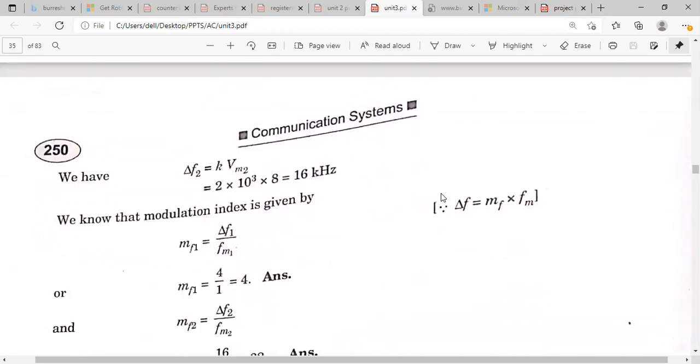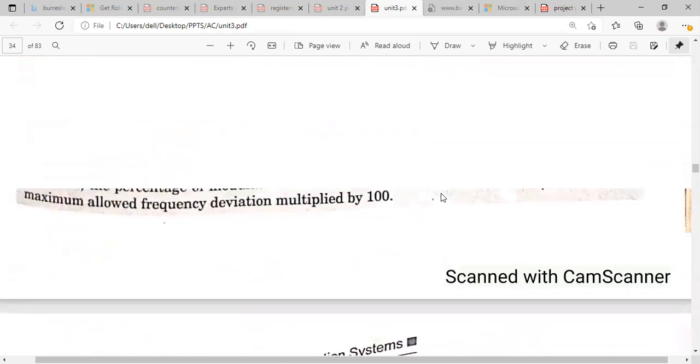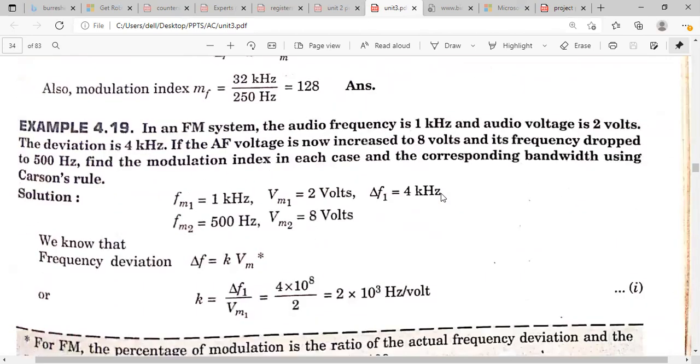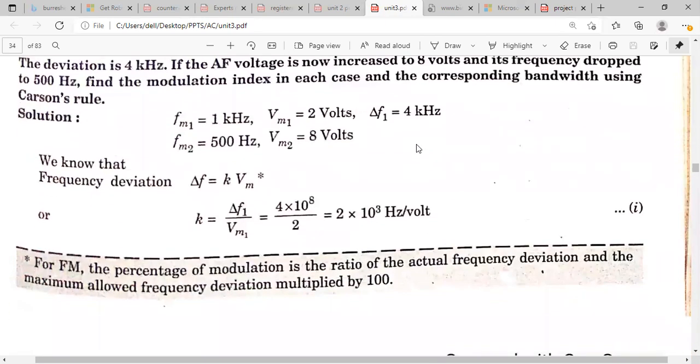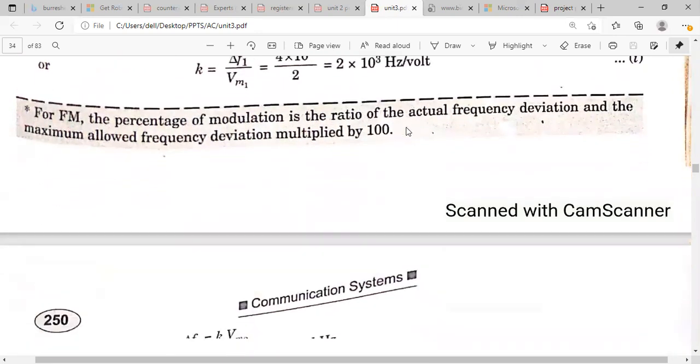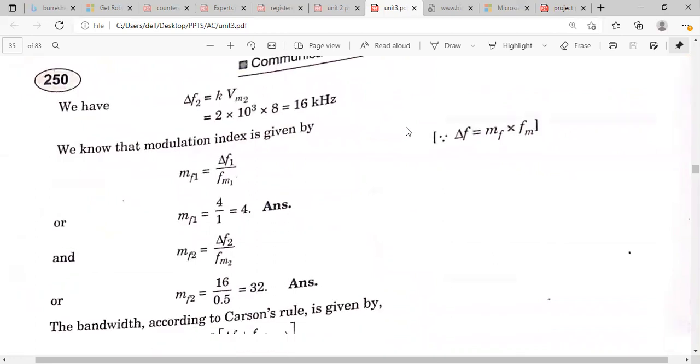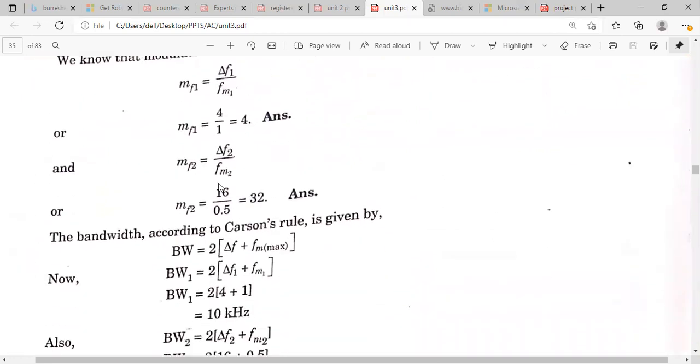In the second case, the frequency will be reduced to 500 Hz and the voltage is increased to 8 volts. If the voltage is increased, that will affect the frequency deviation, so you have to calculate that. In the first case the modulation index is 4, and in the next case the modulation index is 32.